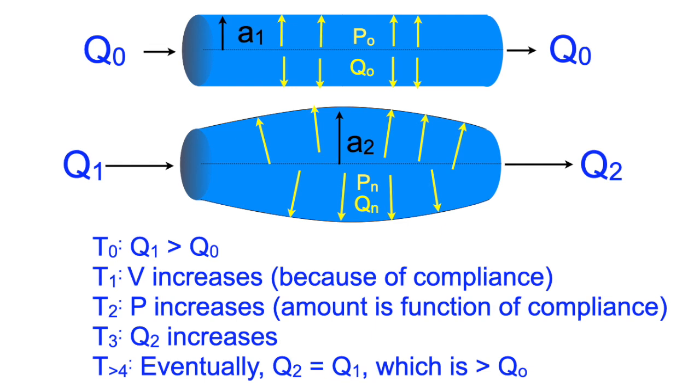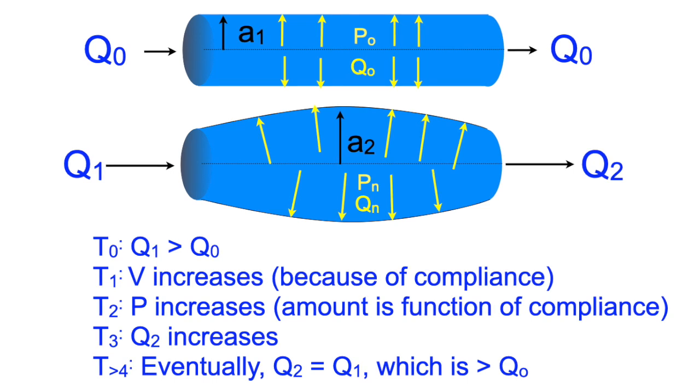That distension has limits. The limits are defined by the compliance. And we get a new steady state that arises, in which eventually the inflow and the outflow are the same, unless the inflow changes again. So if we have a heartbeat, there's an increased inflow that lasts for a short period of time, and then it goes down again. And so we have a constant fluctuating situation of flow and a constant pulsatile behavior in our vessels.